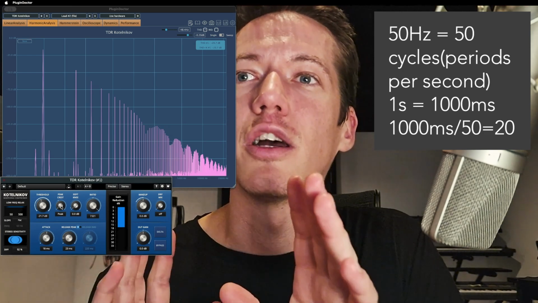So the calculation is that the attack time and the release time should be 100 milliseconds, so 5 times the period, to avoid any excessive artifacts and any excessive total harmonic distortion.